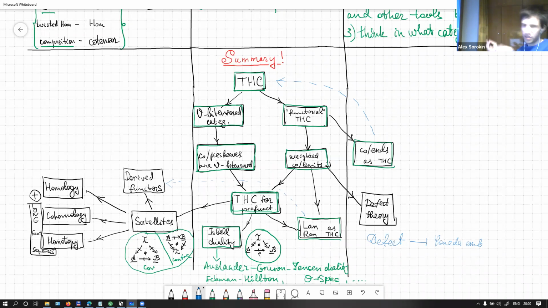Defect takes us back. It takes us from presheaves to objects. So if Yoneda gives from an object a presheaf that's represented by the object, defect moves us back, but for any presheaf, not only representable ones. So for a given presheaf, it gives the best approximation by a representable one.